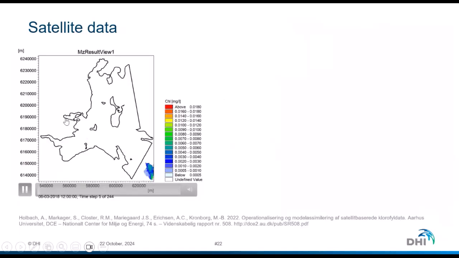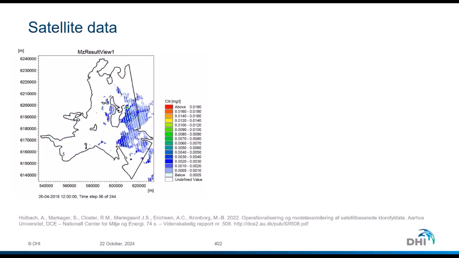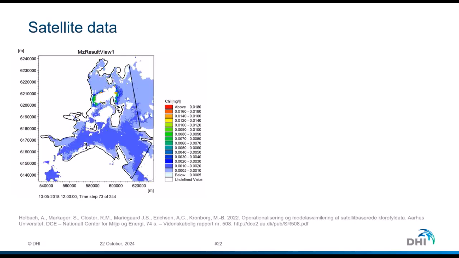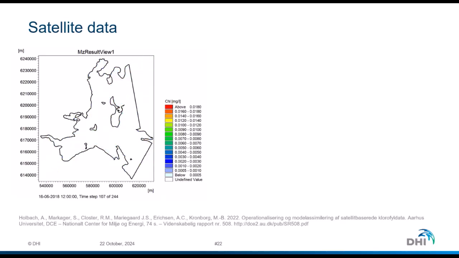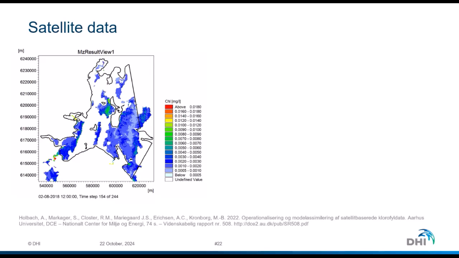The satellite data has another type of coverage than the monitoring data, which is sampled bi-weekly. The satellite data cover the full model domain, and we also have a higher resolution in time. Of course, this depends on the amount of clouds during the year.